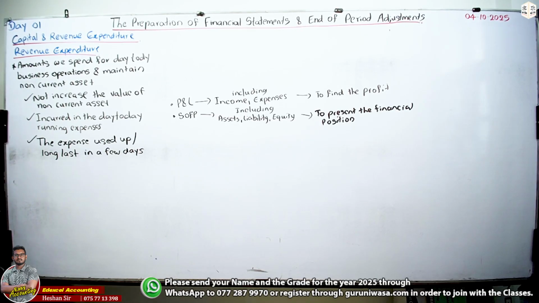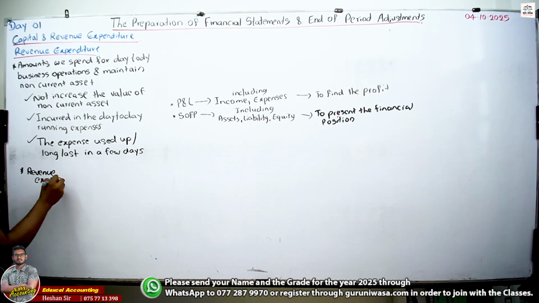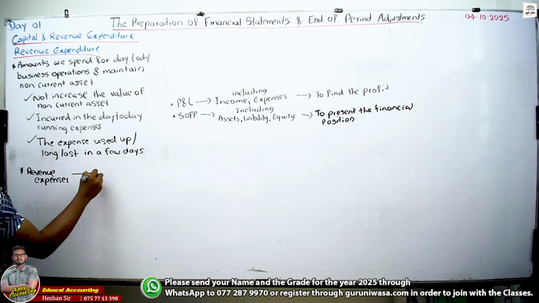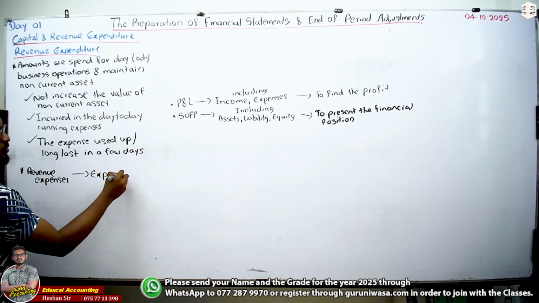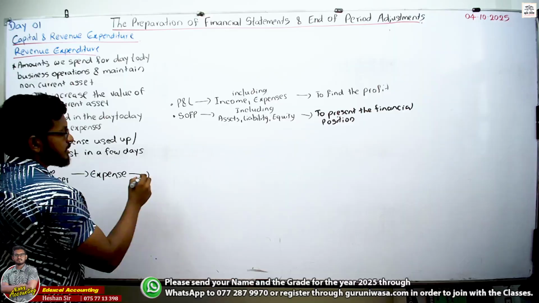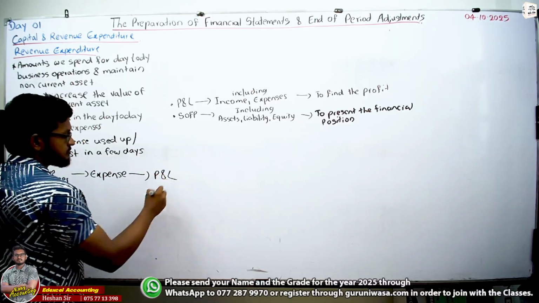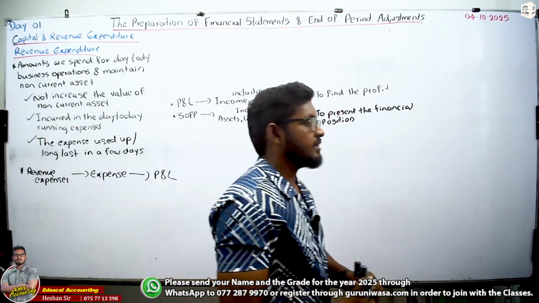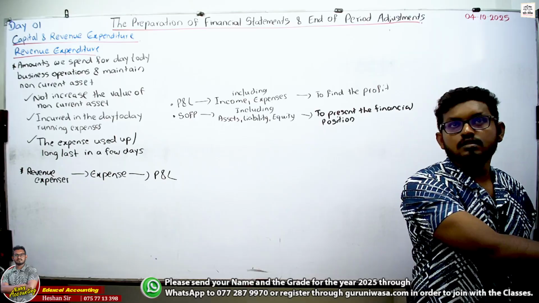So revenue expenses are expenses. Because of that, we record them in the P and L, right?